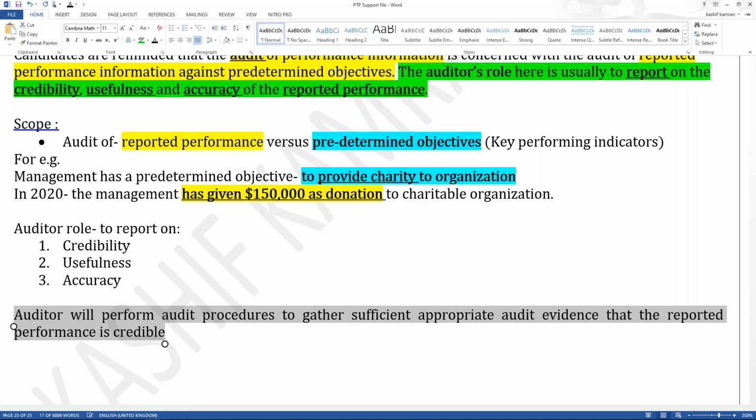And the management reports the performance information. Is that right? Okay, that's good. So the management sets the objective, the management reports the performance information, and the role of the auditor is to check the performance information, whether it is right or wrong. Is that clear, everyone?